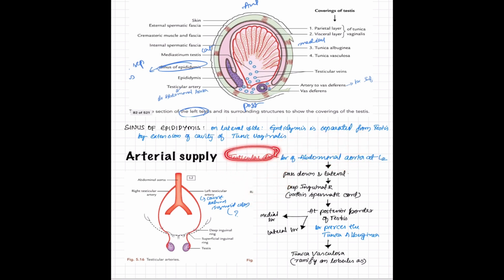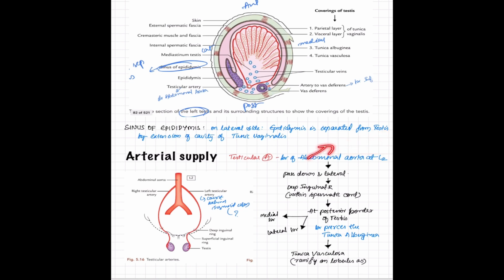The testicular artery means it is a branch of which major artery? That is the question you have to raise in your mind. Then you can find your answer in the textbook that it is the branch of abdominal aorta. But then you have to get the question at what level, that is also important.